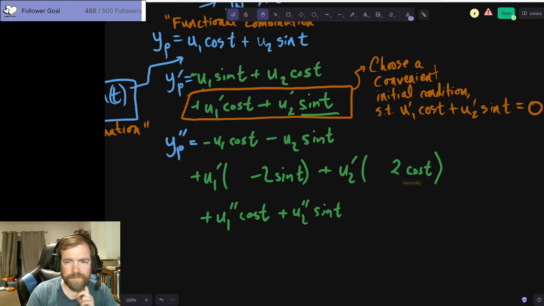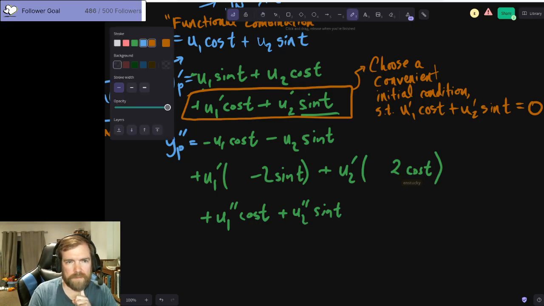It's going to kill the bottom term. And then get rid of those 2s.